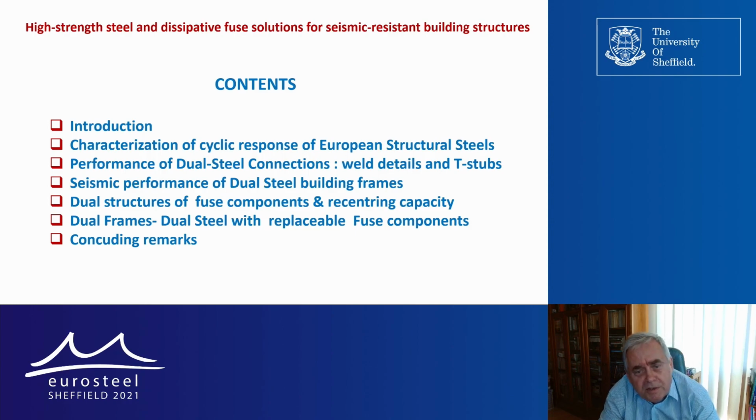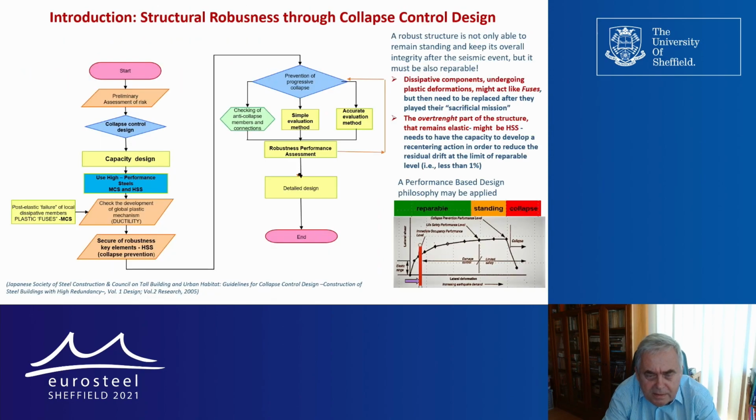After, we will discuss a little about the weld details and G-stab in the situation when we have two different steel grades to be connected. We will speak after about dual steel building frames and dual structures with fused components and recentering capacities, in the idea of application of fused components. And at the end, summarizing, concluding remarks.